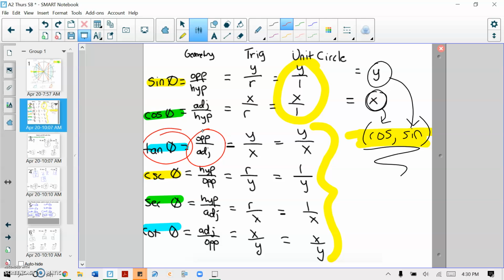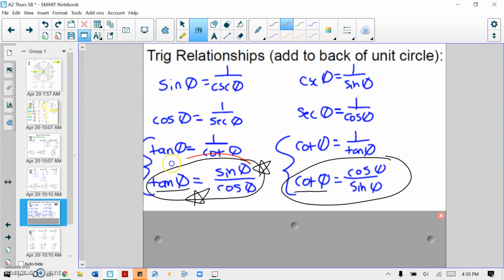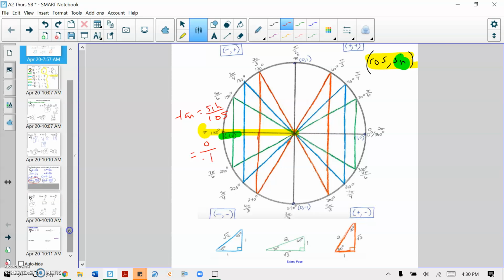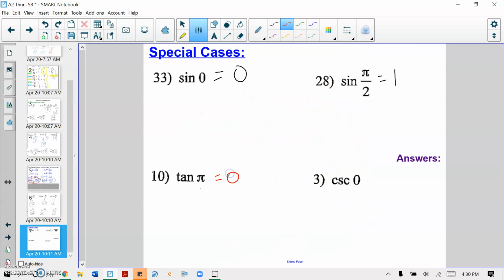We also at one point wrote on our unit circle that tangent is sine over cosine. We did that yesterday in our video. So for this tangent, I need to do sine over cosine, which in this case, sine is the 0 in that coordinate point, and cosine is the -1 of that point. If you ask yourself, what is 0 divided by -1? That just gives me 0.